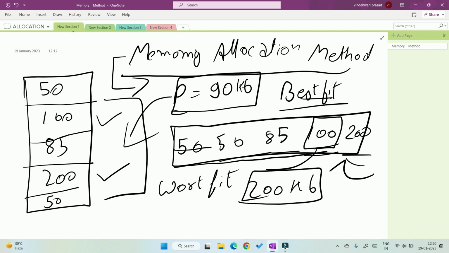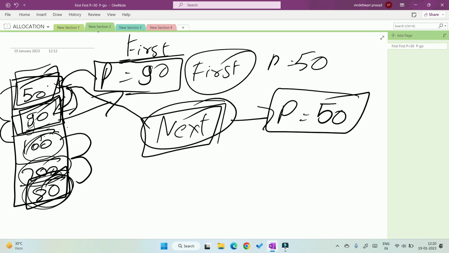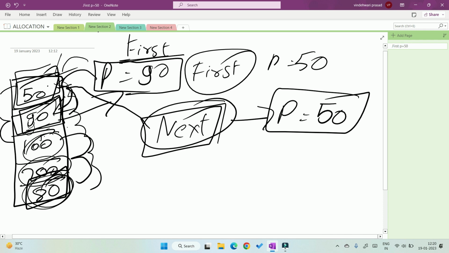I hope you understand best fit: we first sort and give the minimum, and in worst fit we first sort and give the maximum. There will be a problem of performance because of sorting. Then we go for first fit, where we search from the first memory until we find the perfect one. In next fit, we always search from the next address after the previous process.